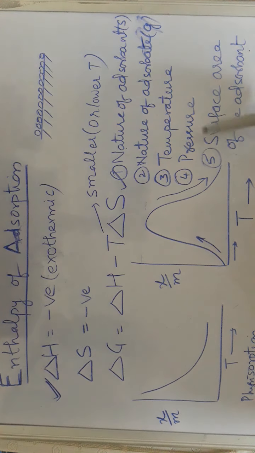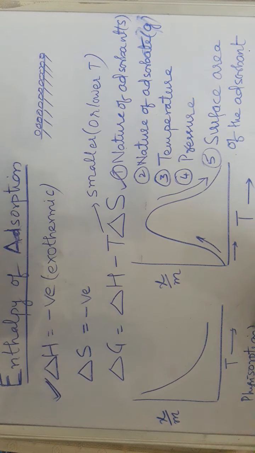Temperature, again let us revise: in the case of physisorption, an increase in temperature decreases the extent of adsorption, and in the case of chemisorption, the rate or extent of adsorption first increases on increasing the temperature, and at very high temperature the extent of adsorption again decreases.